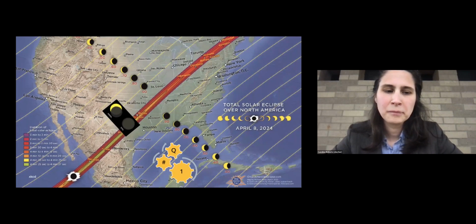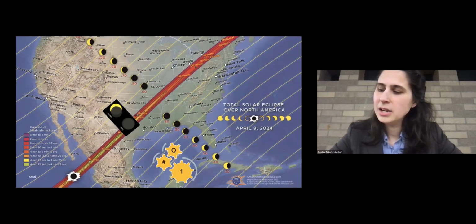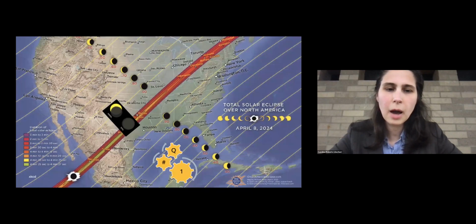As many of you know, some of you are in the path of totality as well. And so I want to first learn a little bit about you all and what your upcoming role in this eclipse is. I'd be curious, please let me know, are you in the path of totality? Are you going to experience a partial solar eclipse? Or perhaps you're somewhere on Earth where it won't be possible to see the moon blocking the sun.